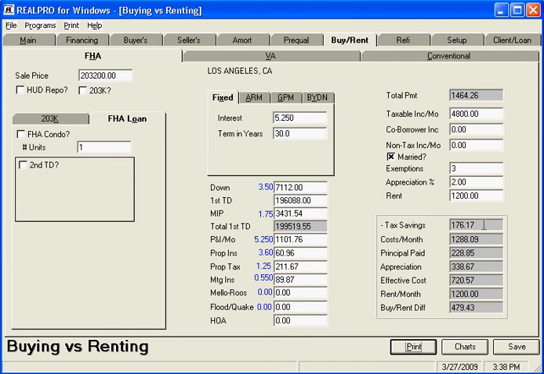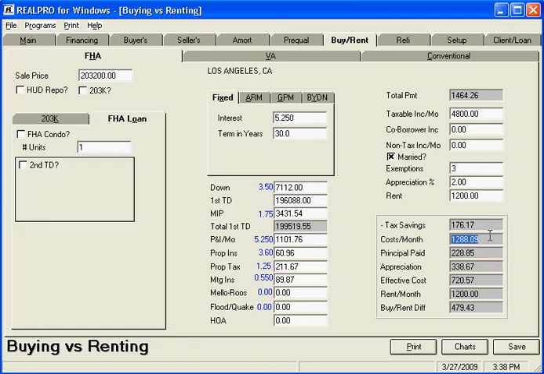We see that they will save $176 a month in taxes. And again, you want to steer them to their accountant to be absolutely sure about these numbers. So this is no substitute for an accountant, but this will put them on the right track to begin with.